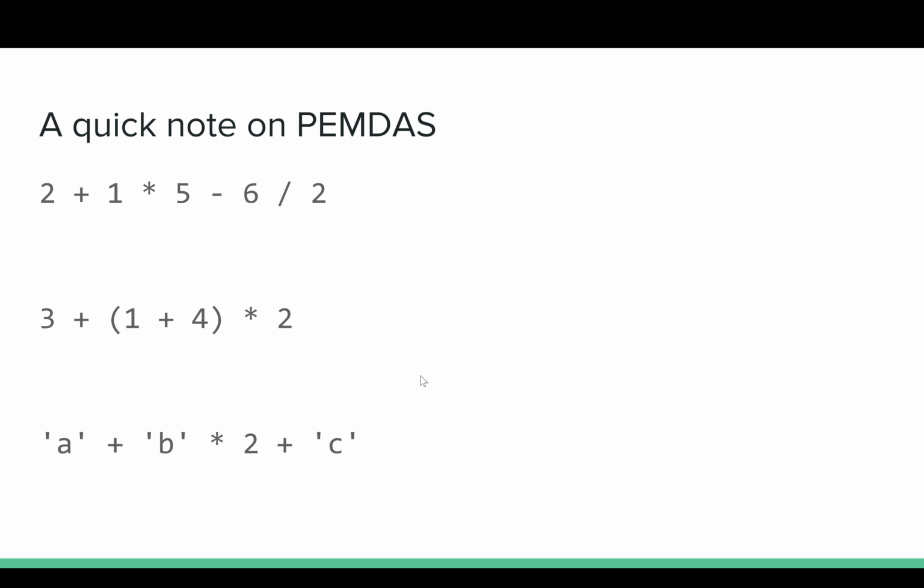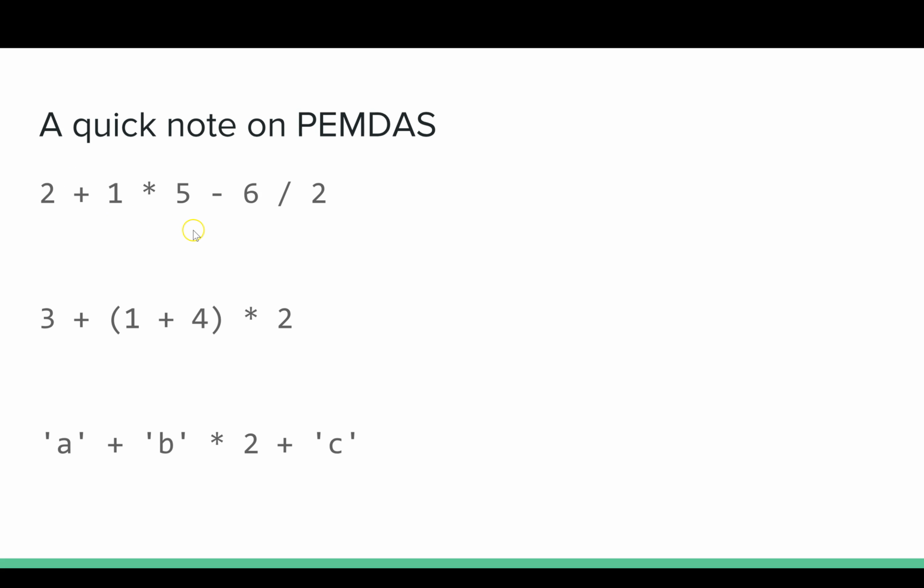So it's time to do some more practice. So remember on this PEMDAS, parentheses, exponential, multiplication, division, addition, subtractions. So here we have, so what is done first? So first is multiplication and division.